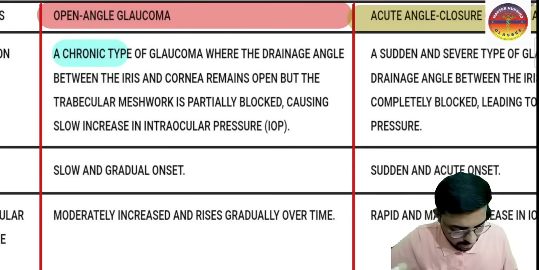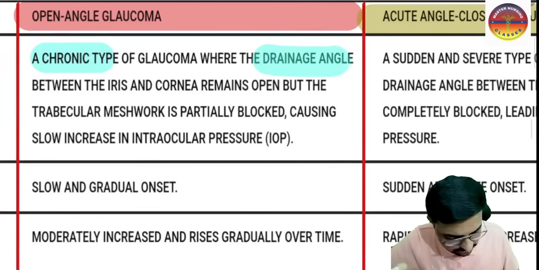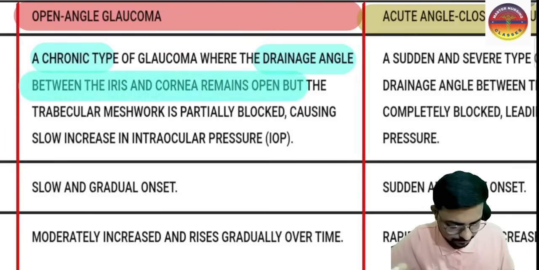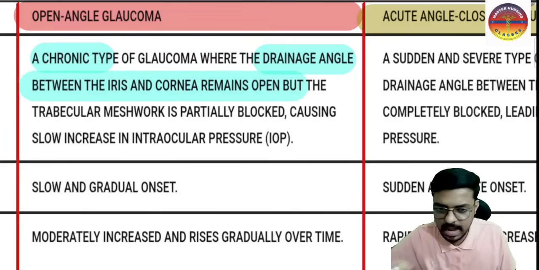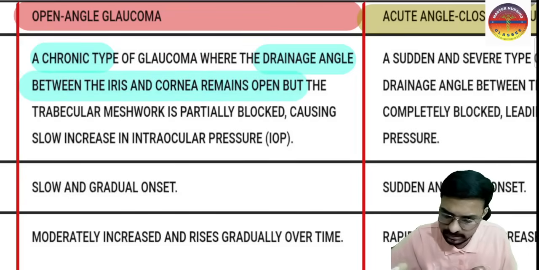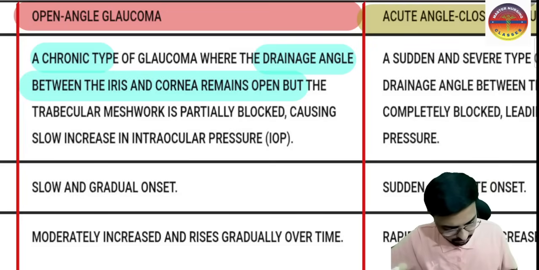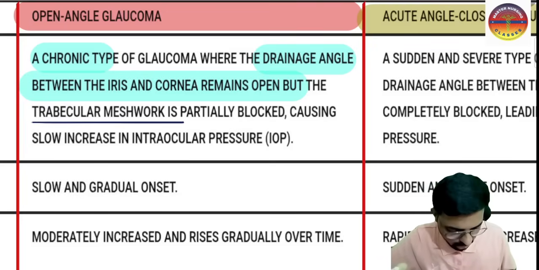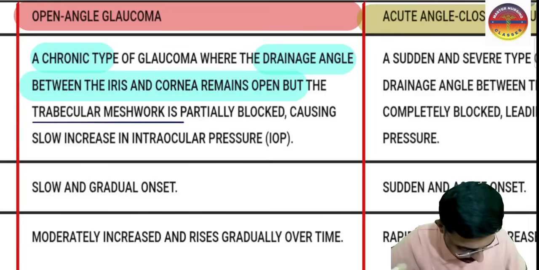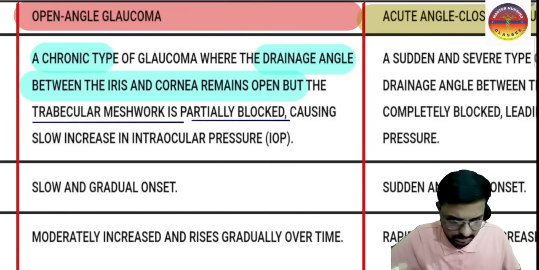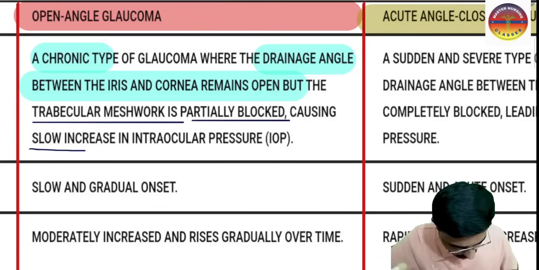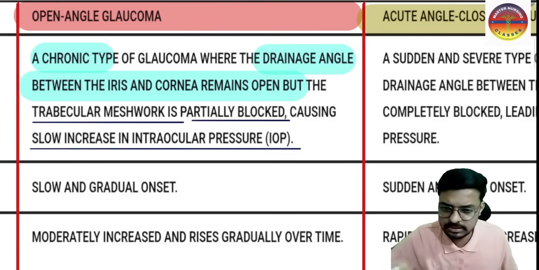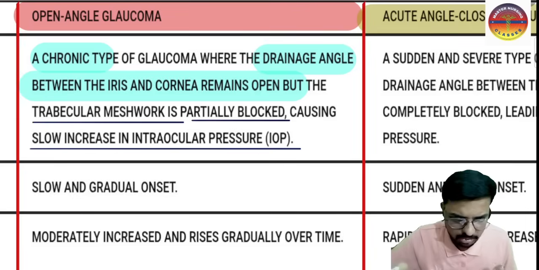The drainage angle between the iris and the cornea remains open, completely open. But the problem is in the trabecular meshwork. This trabecular meshwork is partially or completely blocked, which causes a slow increase in intraocular pressure because the aqueous humor is not drained out properly.